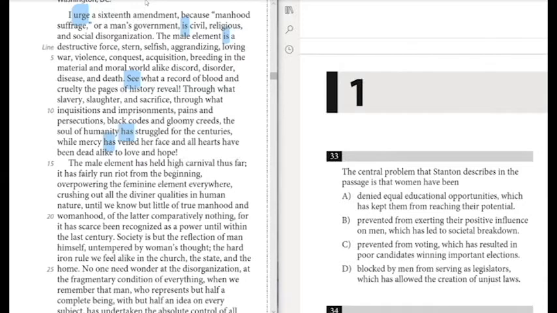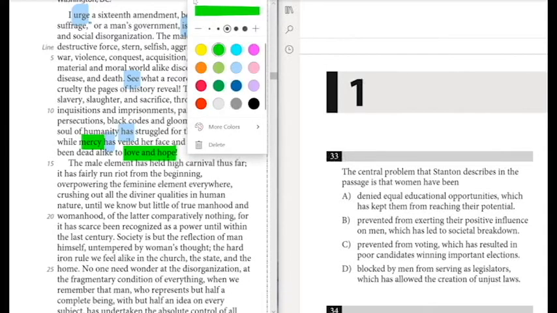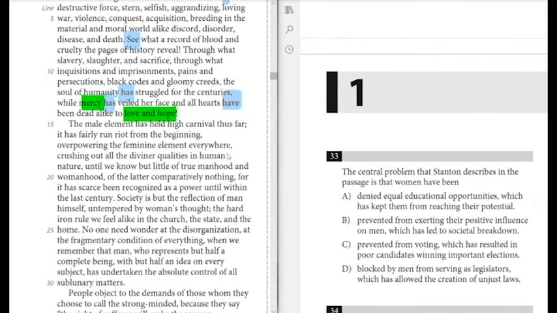"Through the slavery, slaughter, sacrifice, through what inquisitions and imprisonments, pains and persecution, black codes and gloomy creeds, the soul of humanity has struggled for centuries, while mercy has veiled her face, and all hearts have been dead alike to love and hope." So the passage talks about mercy and love and hope as female attributes, and is essentially saying that the world needs more of those attributes.